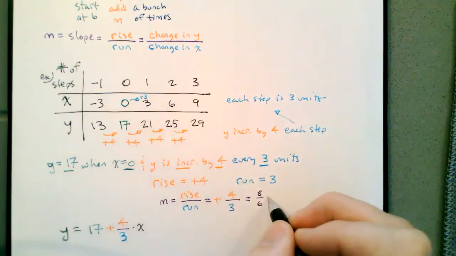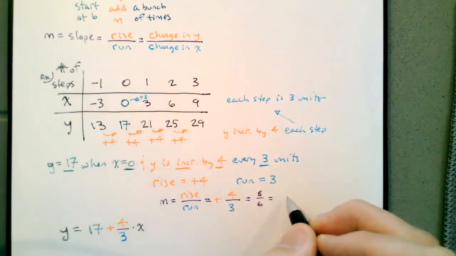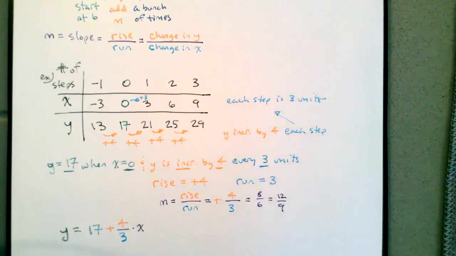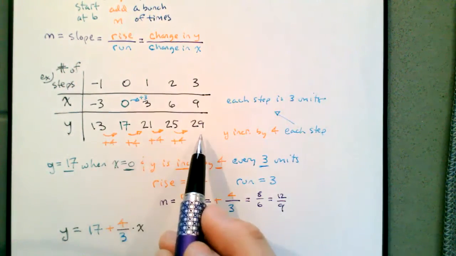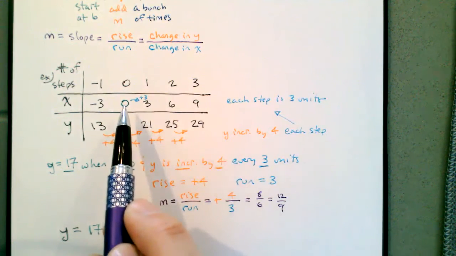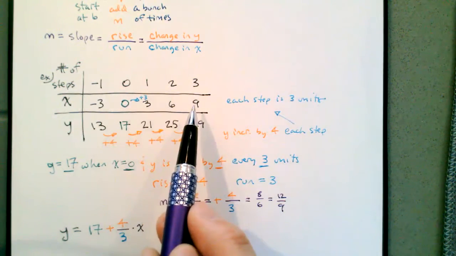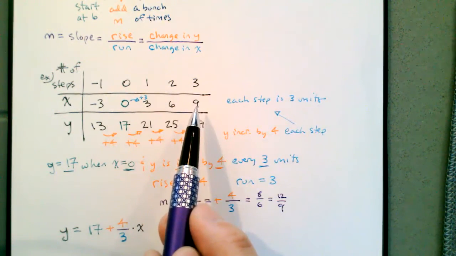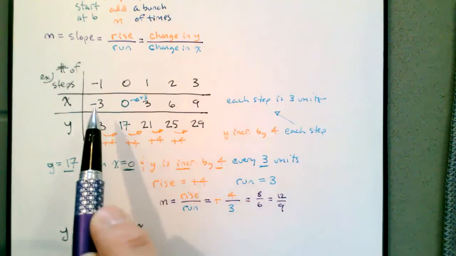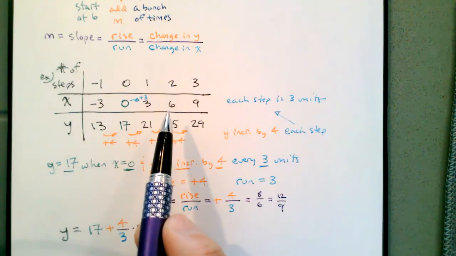We can also think of this at 8/6 as 12/9. Because if we go from 17 to 29, that's 12, an increase of 12, divided by 3 increases of 3, which is 9. Or if we go from 13 to 25, that's an increase of 12, and from -3 to 6 is an increase of 9.